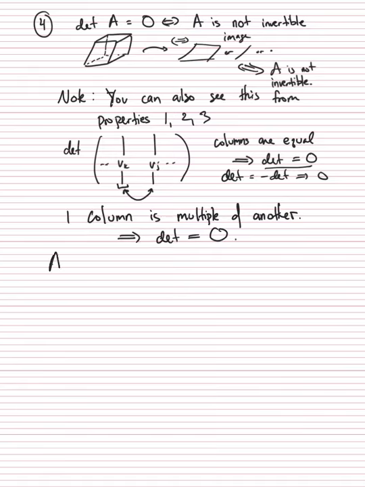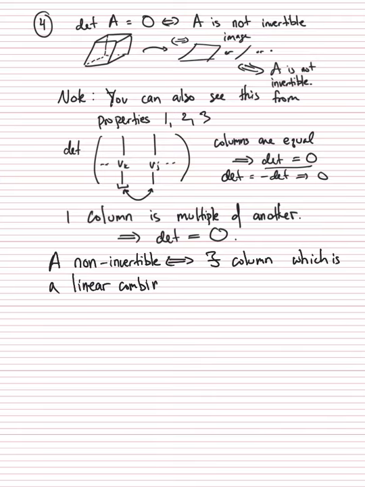Now, if I take A being non-invertible, this is equivalent to saying there exists a column which is a linear combination of the other columns.